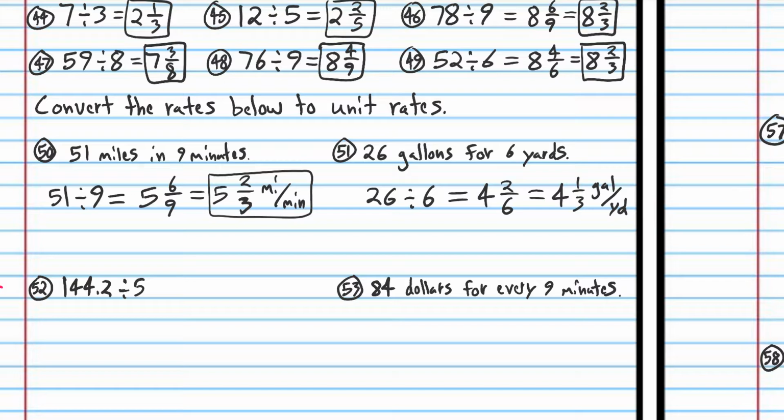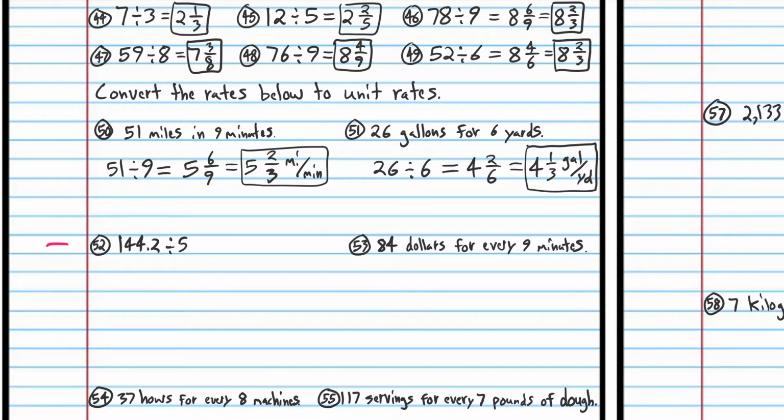So again, gallons per yard means for every 1 yard. So 4 1/3 gallons for every 1 yard. Again, I don't write the 1 because it's just traditional not to write the 1. But that's what that is. That's the unit rate. So both these rates are equivalent. They're the same value.